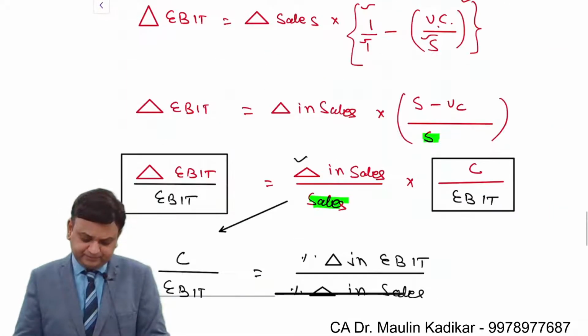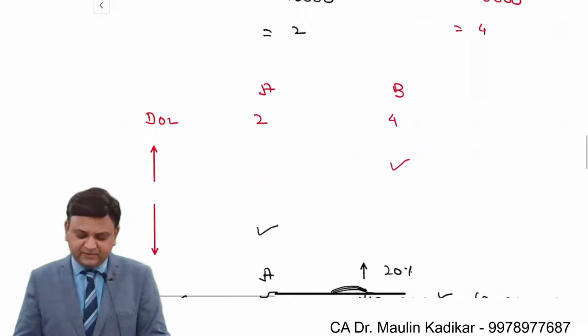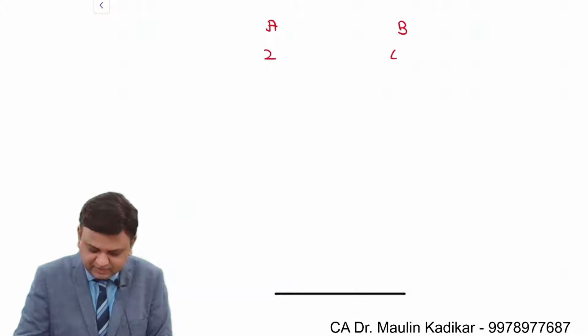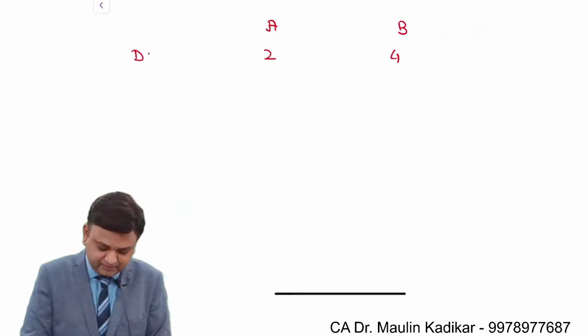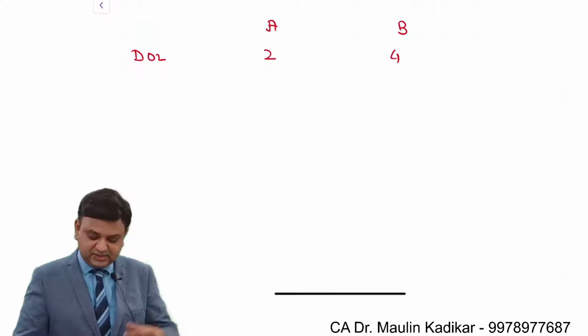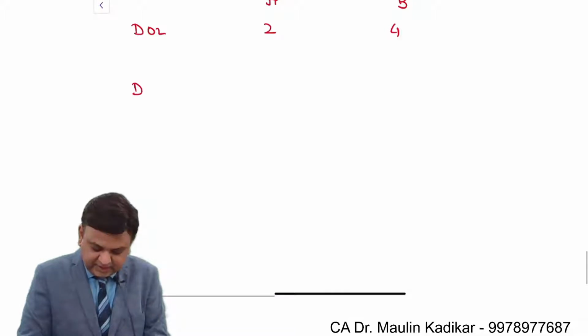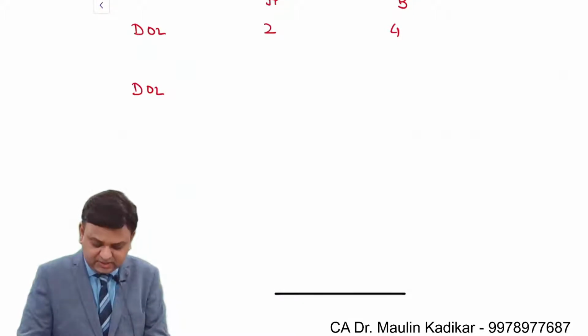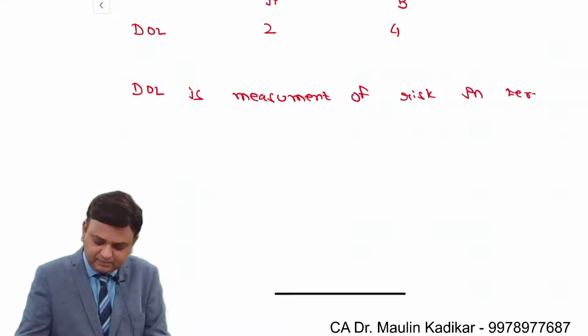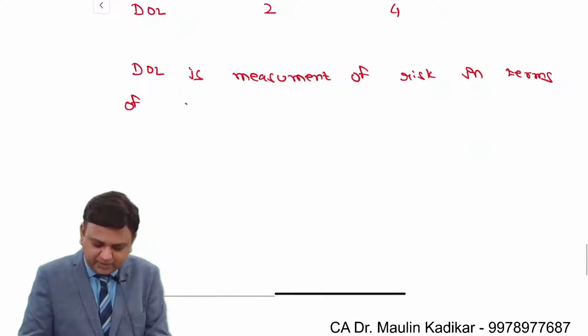Dear students, over here we have to apply our expertise like this. Plan A, plan B. Leverage is 2 and leverage is 4, DOL. We can tell the management that the degree of operating leverage is a measurement of risk in terms of operational fixed cost.